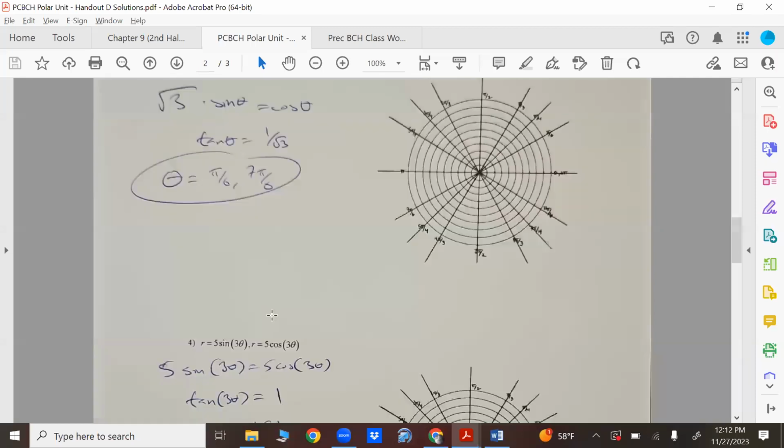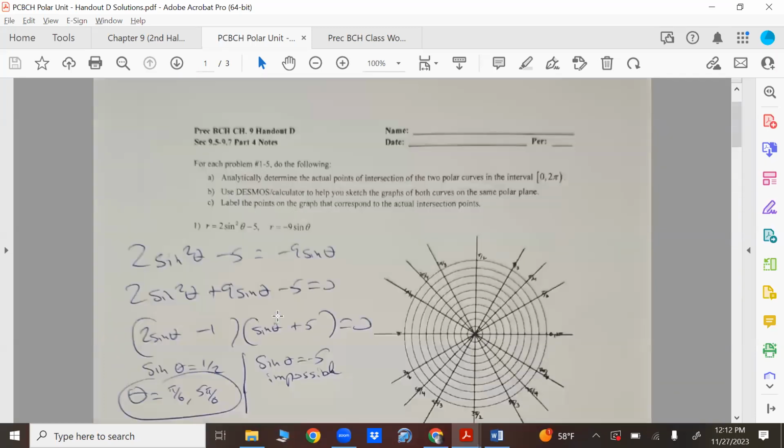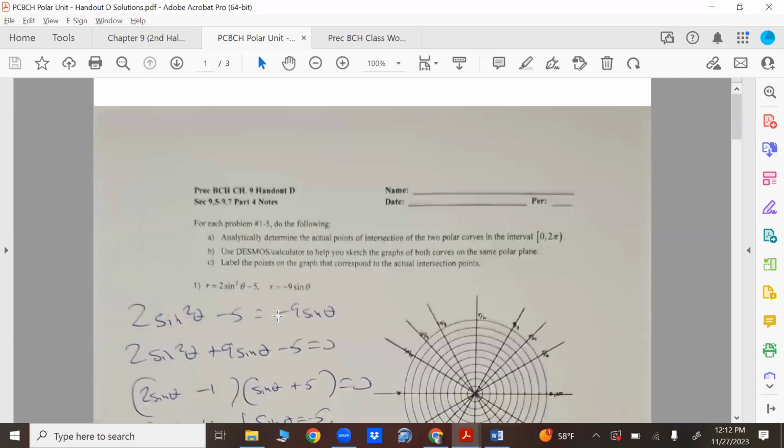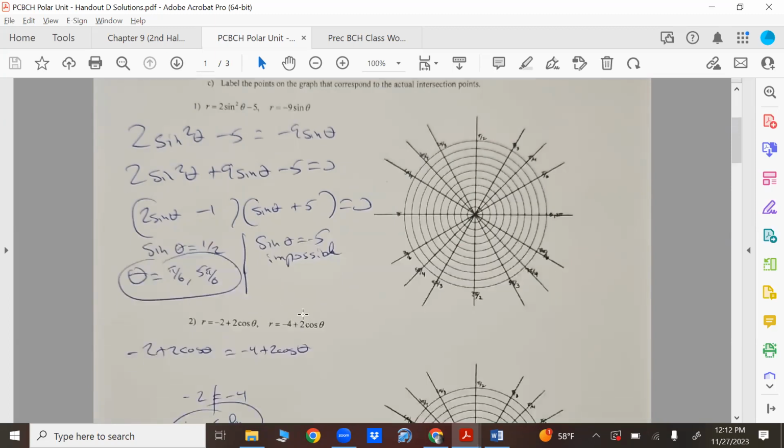So when I asked for actual points of intersection, we want to make sure that the actual points actually mean, sorry, that's a little play on words, what you see graphically, that's physically what's happening. So analytically, it may not confirm it. So not all the analytical solutions will be used.